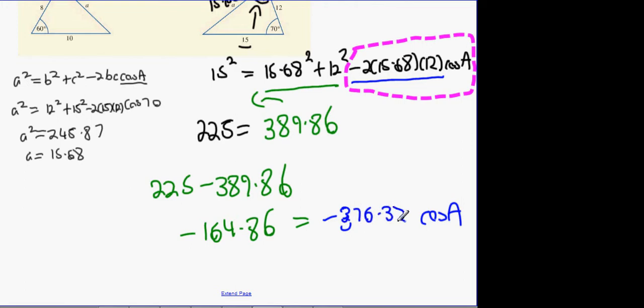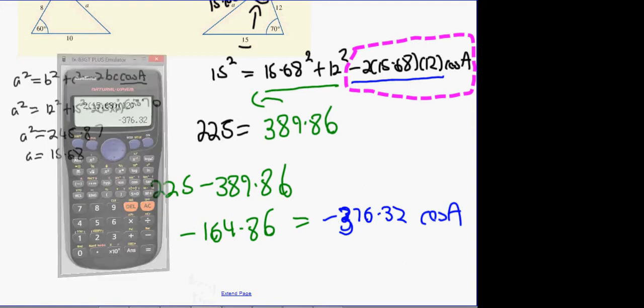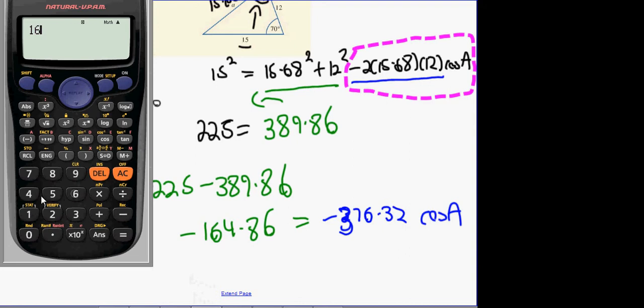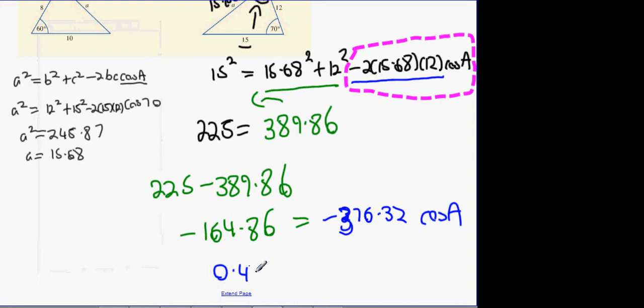Now, what we're going to do here, guys, is we're going to divide 164.86 by this number here, 376.32. So 164.86 divided by our answer. And what we get there will be 0.44 or 0.438. 0.438 equals cos A. Now how do I get the angle A on its own?